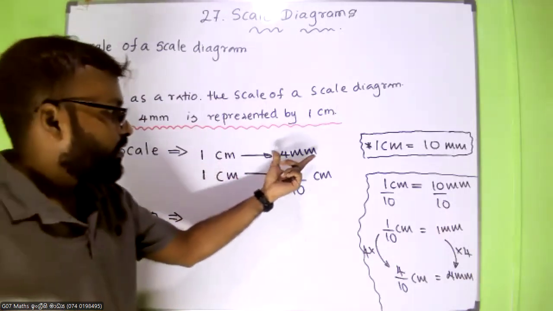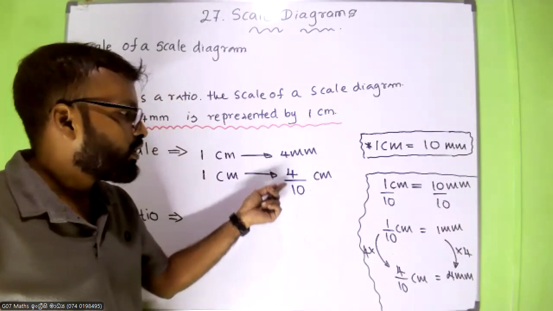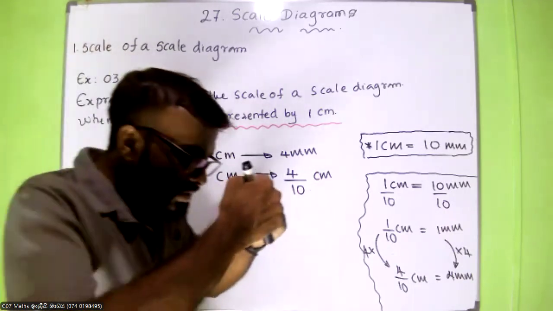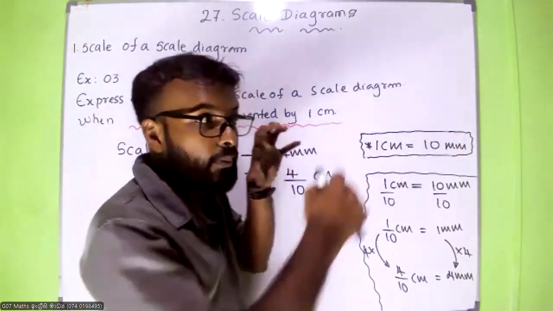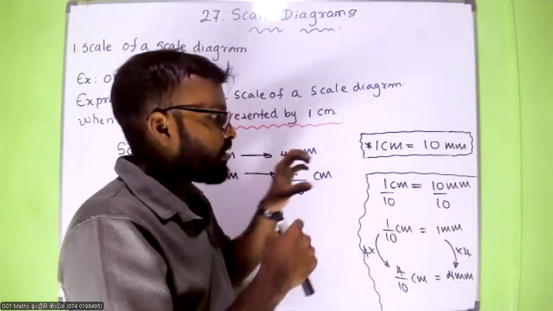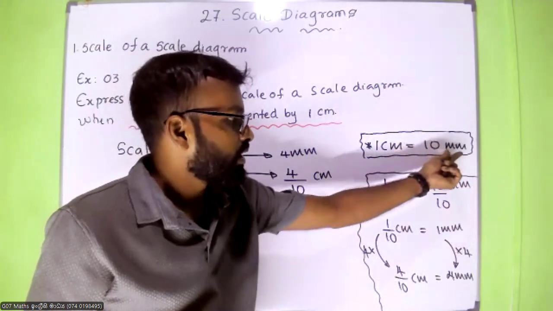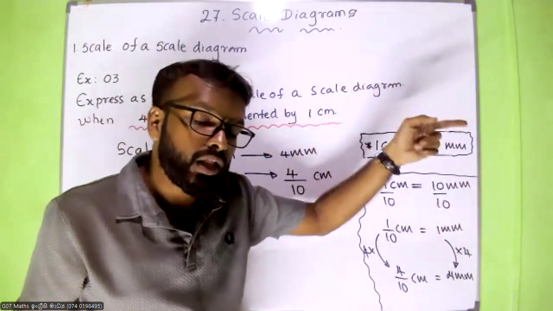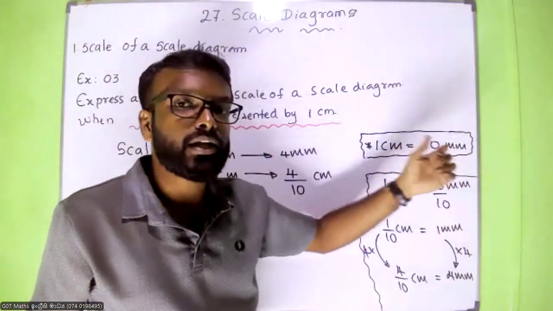So if you want to convert millimeter into centimeter, you have to divide by 10. If you are converting a bigger unit into a smaller unit, like centimeter into millimeter, you are going to multiply.